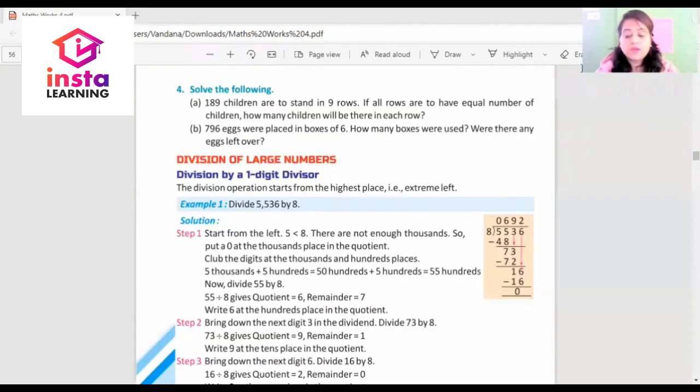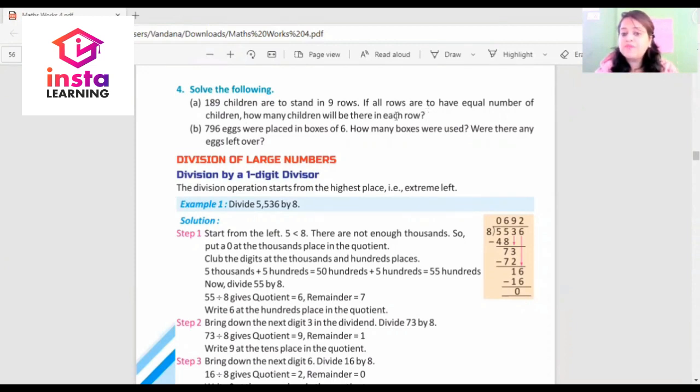Now, students, it's your word problems. Just read it very carefully. 189 children are to stand in 9 rows. If all rows are to have equal number of children, how many children will be there in each row? There are 9 rows.